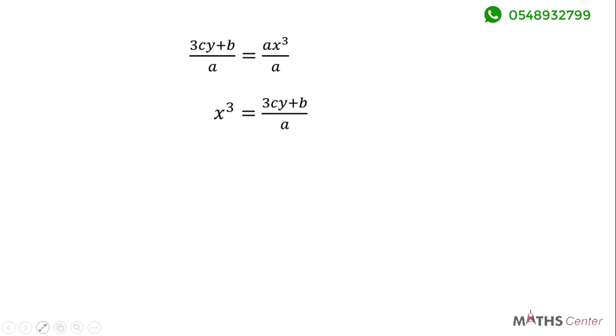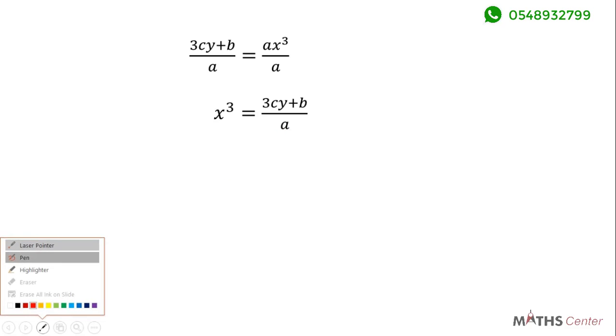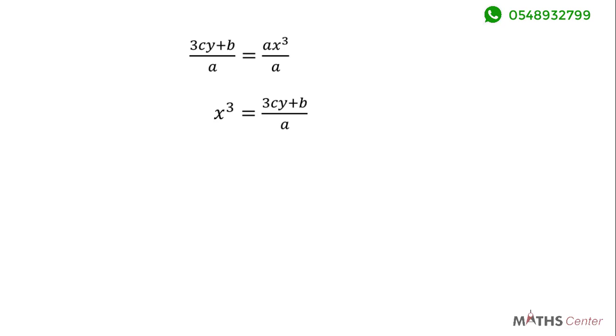As we said in the previous video, when you get here, because this is exponent 3, you multiply this side here by 1 over 3. Then you raise this side here to the power 1 over 3. When you do that, you see that the 3 will cancel the 3 to give us x.